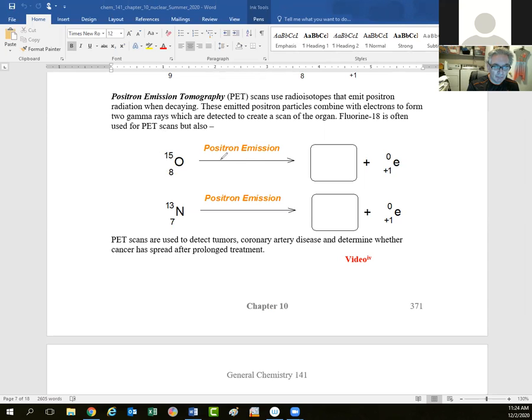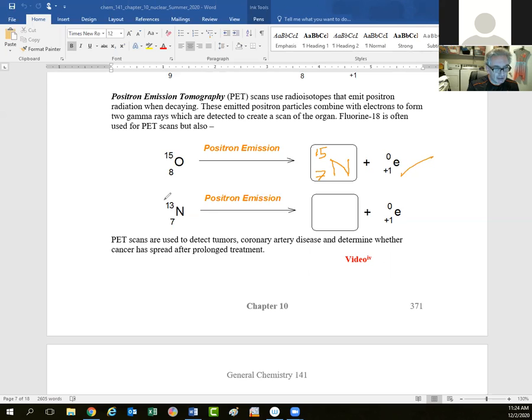So that proton breaks down to give a neutron and the positron particle. And so because the neutron has mass, there's no change in the mass number. The atomic number goes down by 1, which makes it 7. And of course, that's going to be isotopes of nitrogen. Only atoms of nitrogen have 7 protons.